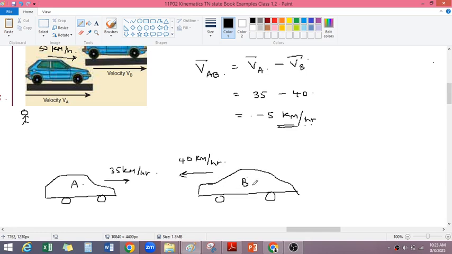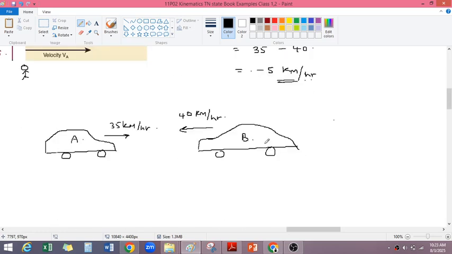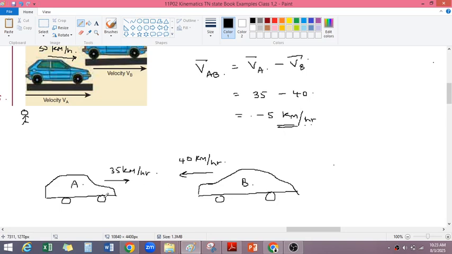Now the problem will slightly change. The answers will slightly change. Why? Because now they are approaching each other, which means they are not moving in the same direction. So velocity of A with respect to B is equal to velocity of A minus velocity of B. Velocity of A is 35 minus velocity of B. Now, if you have taken this as positive direction, this should be taken as negative direction.